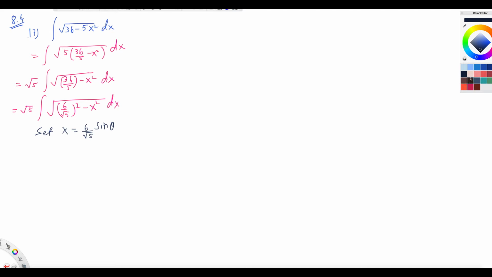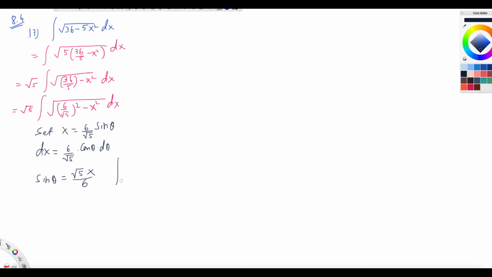If you do that, what will be the dx then? dx will be 6 over root 5 times cosine theta d theta. And if you want to find theta, you can do the sine inverse. Also, sine theta equals root 5x over 6.